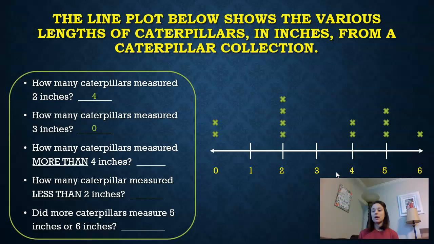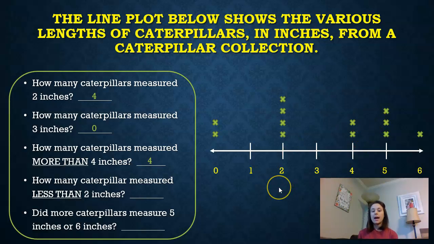That means I have to go to everything to the right of the 4, which on this line plot is 5 and 6. So I count the number of caterpillars that measured 5 and 6 inches. That's more than 4. So I have 1, 2, 3, 4. So I had 4 caterpillars that measured more than 4 inches.